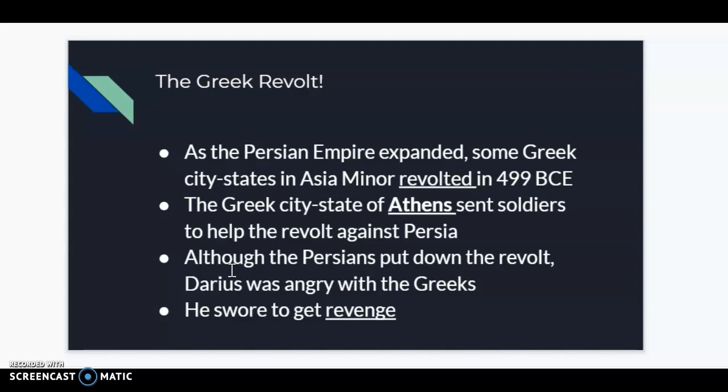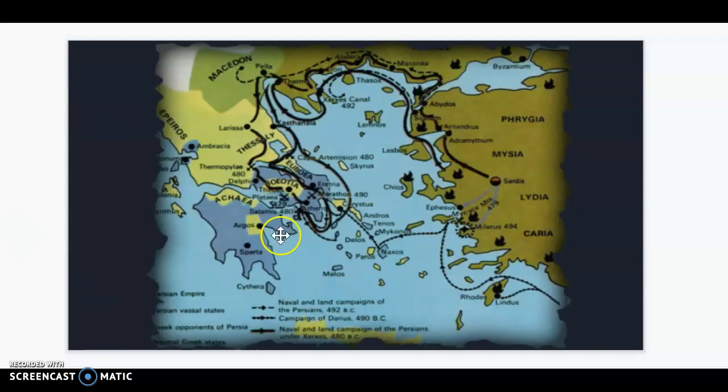They believed that they were very friendly and tolerant rulers, and who would ever want to revolt against a perfect ruler like that and a perfect empire like the Persian Empire? The second piece of this is, who do these Athenians think they are, sending soldiers over there to aid other Greeks? So Darius swore to get revenge on the Greek city-state of Athens for sticking their nose into a situation that they had no business being in.